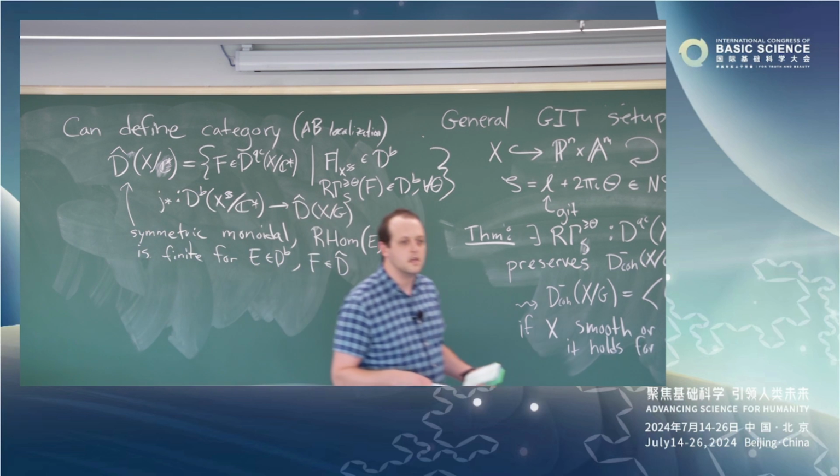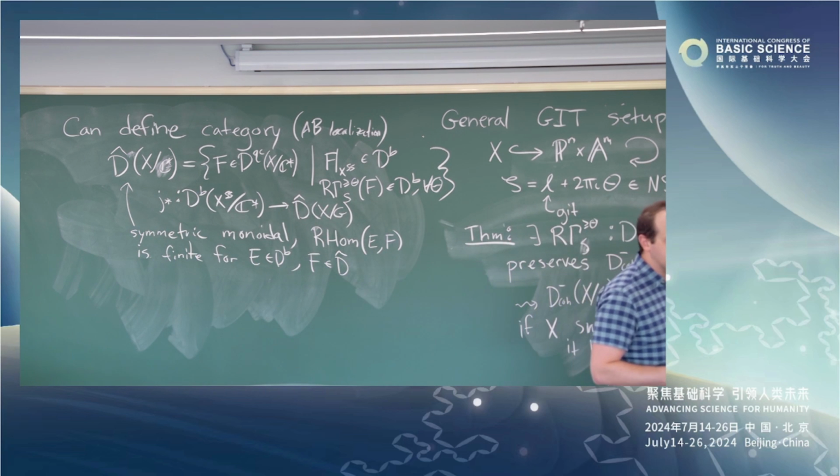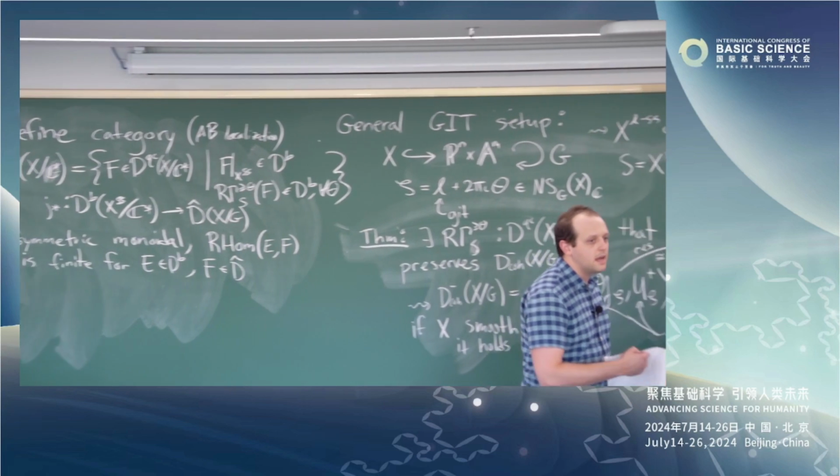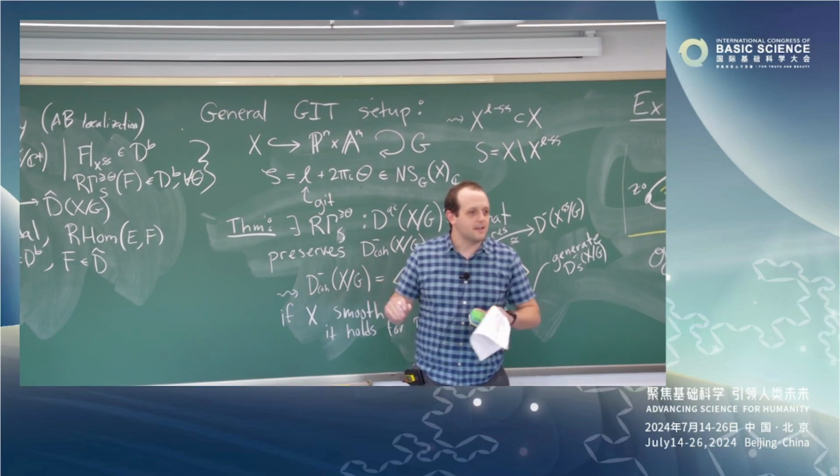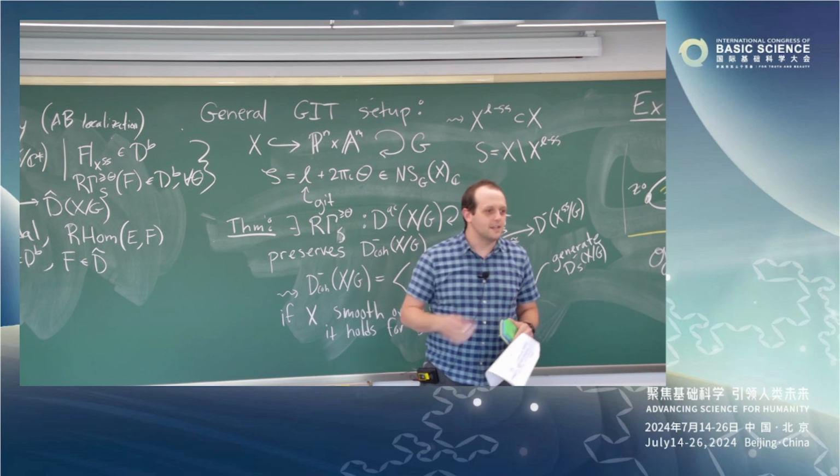X is smooth projective. There is a version that you can state in really grotesque generality, but I just wanted to be clear.